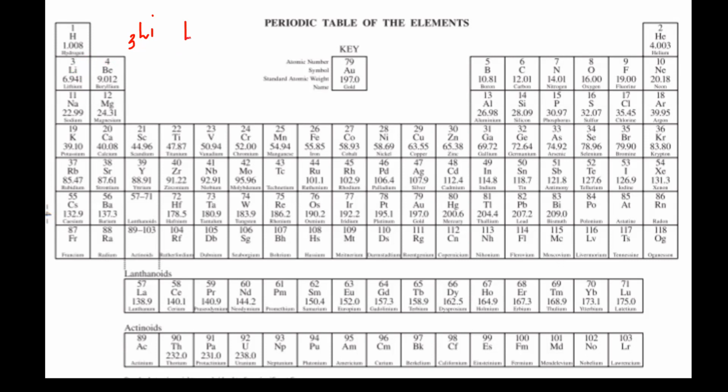So we write Li, just one dot. That shows the outermost shell electron. For elements of group 2, which have 2 electrons in their outermost shell, for example beryllium, we use 2 dots, 1, 2.